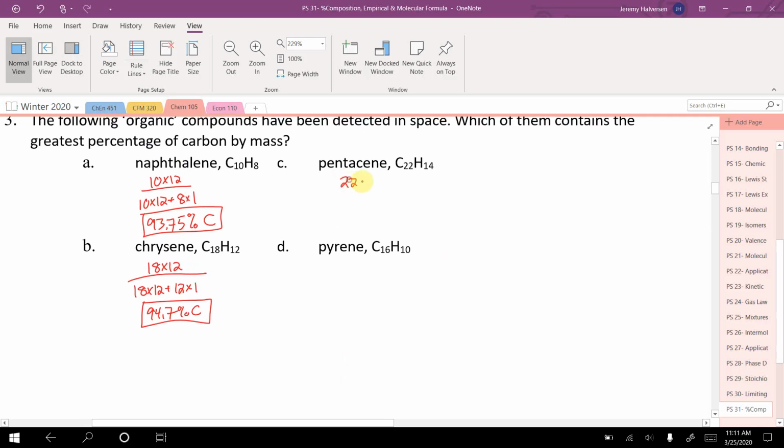We've got 22 carbons divided by 22 carbons plus 14 hydrogens. That gave me 94.96 is what I got there.